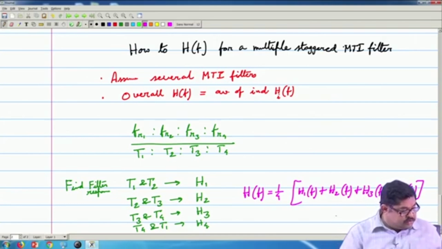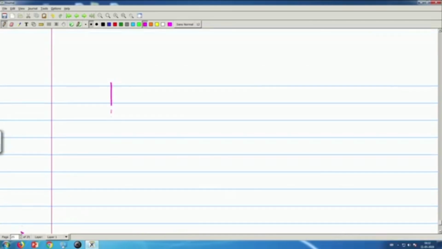Okay. So, we can draw the gain, that HF square for this overall response versus the relative velocity VR.